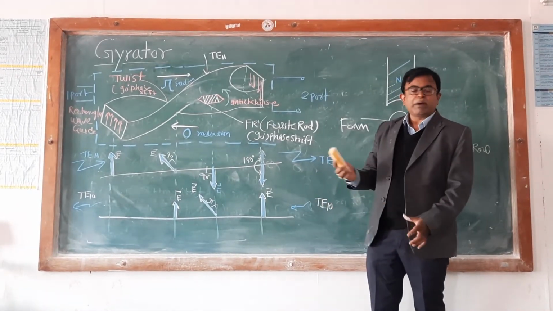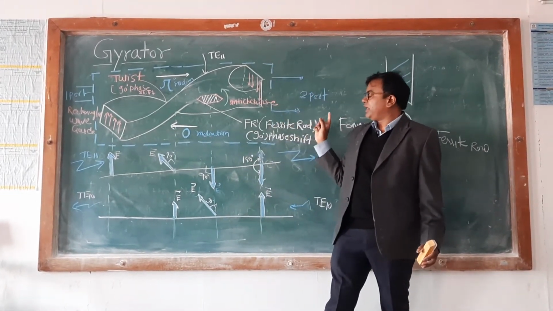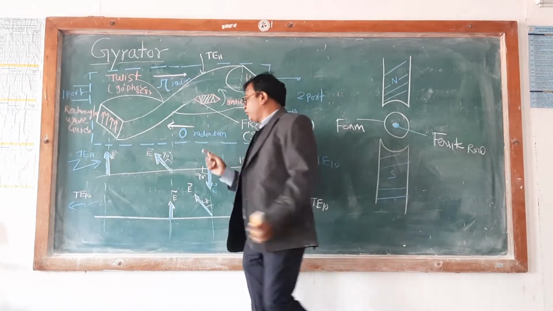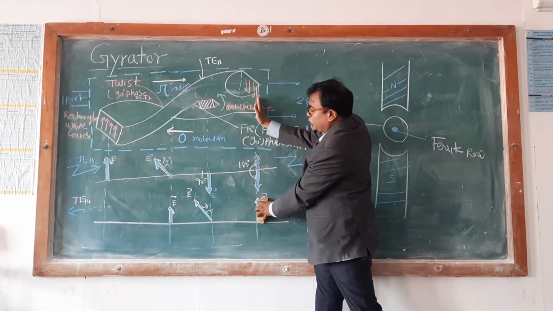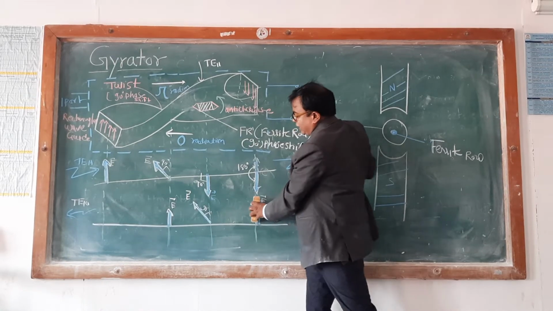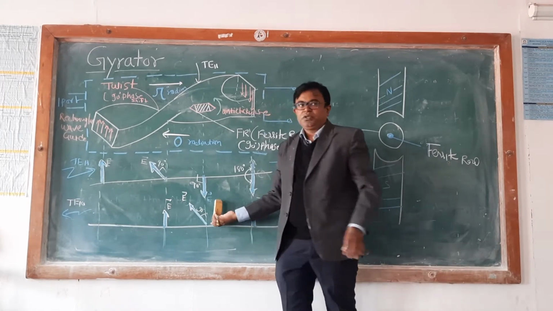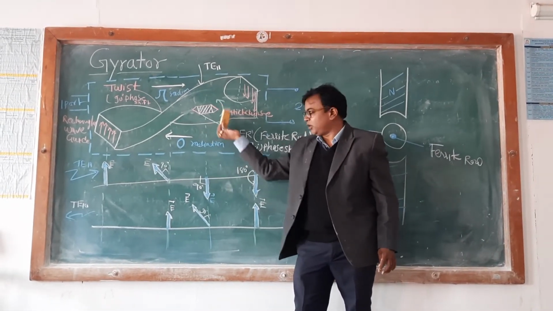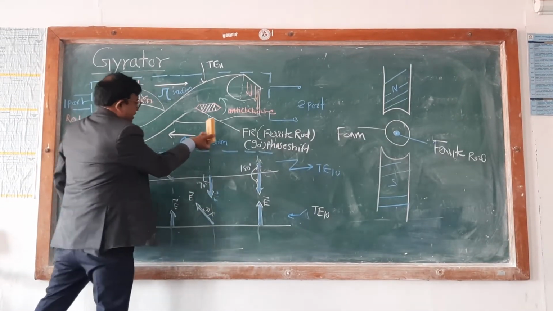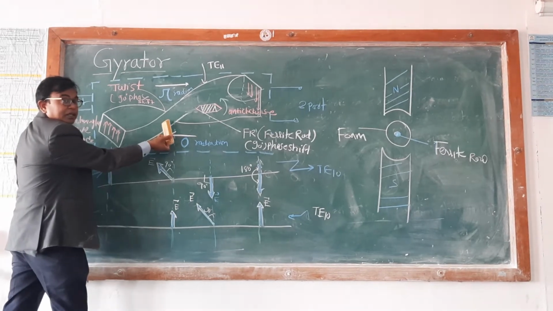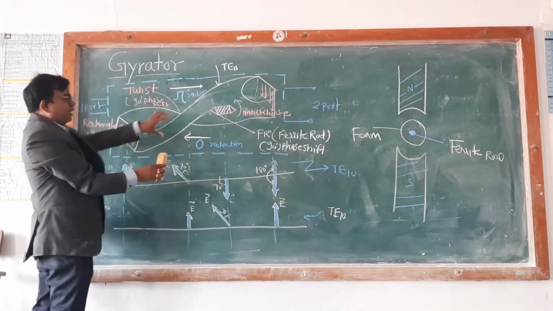Now we have to check whether we get zero phase shift when transmitting the polarized wave from port 2 to port 1. For that, we apply the electric field here at port 2. When it goes toward the ferrite rod, it will give you an anti-clockwise 90-degree phase shift. Then this electric field shifts toward the twisted section, which is a clockwise rotation.